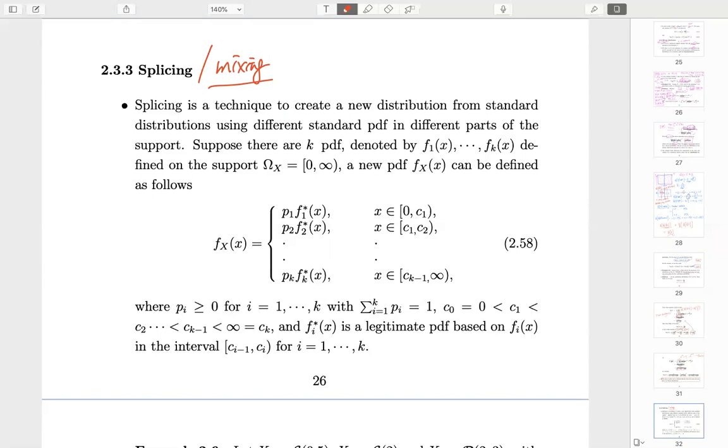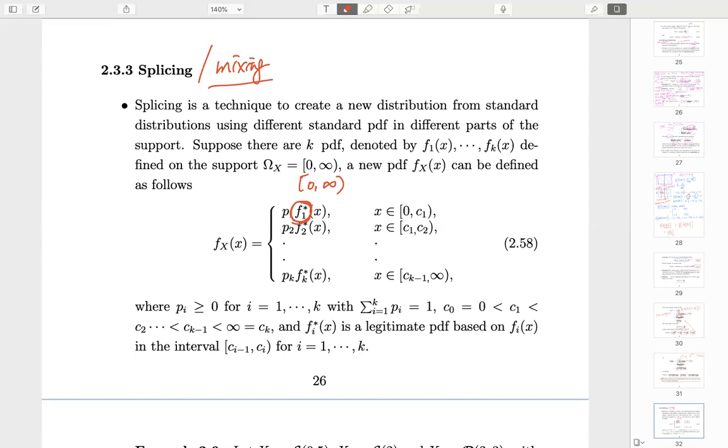So splicing is to splice the entire region, let's say from 0 to infinity, into different regions. For each specific region, there is only one PDF.